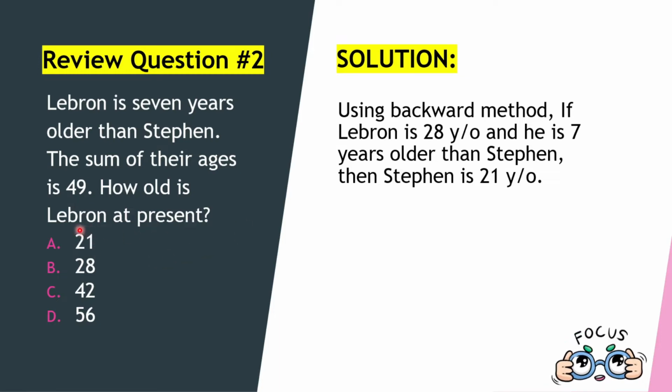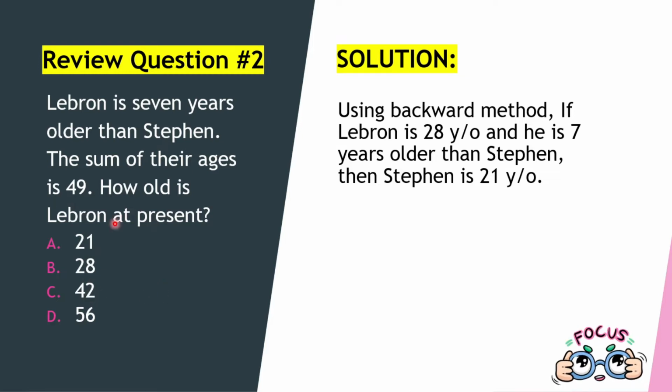Bakit? Kasi kung inassume mo ay si 21 si Lebron, anong age ni Stephen? 14 lang. Okay? Pero, ang kanilang sum of ages, 21 plus 14, is 35, not 49. That's why 21 is incorrect para sa age ni Lebron. Pero yung 42, ganun din, mali din yun kasi kung 42 na si Lebron, si Stephen naman ay magiging 35.